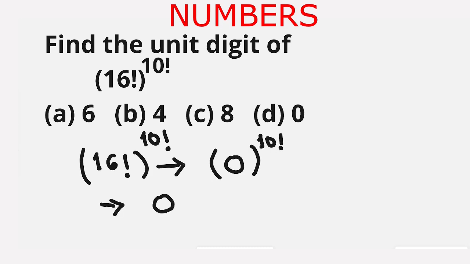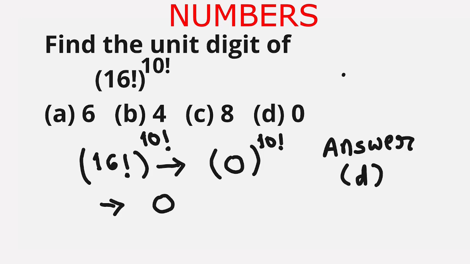If the unit digit of any number is 0, then whatever may be the power of it, the ones place digit or unit digit will always be 0. This was that easy question. And from the given options, our answer is option D 0. I hope you have understood the concept and method of solving this question.